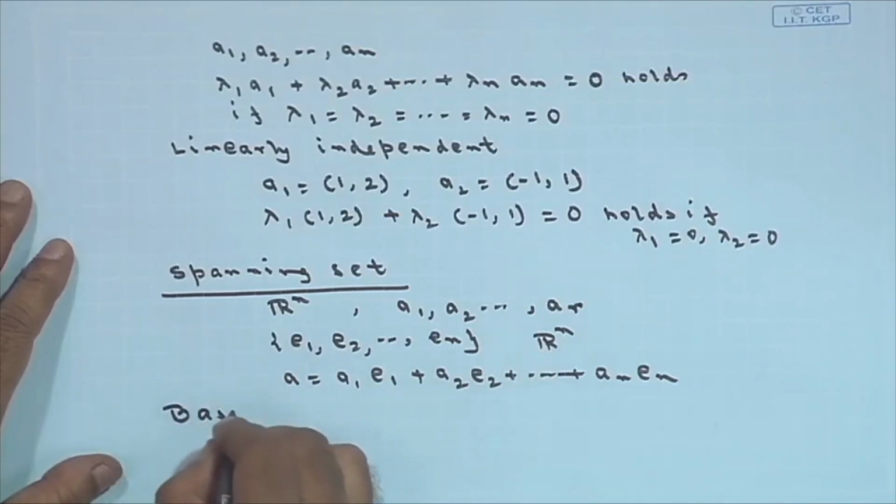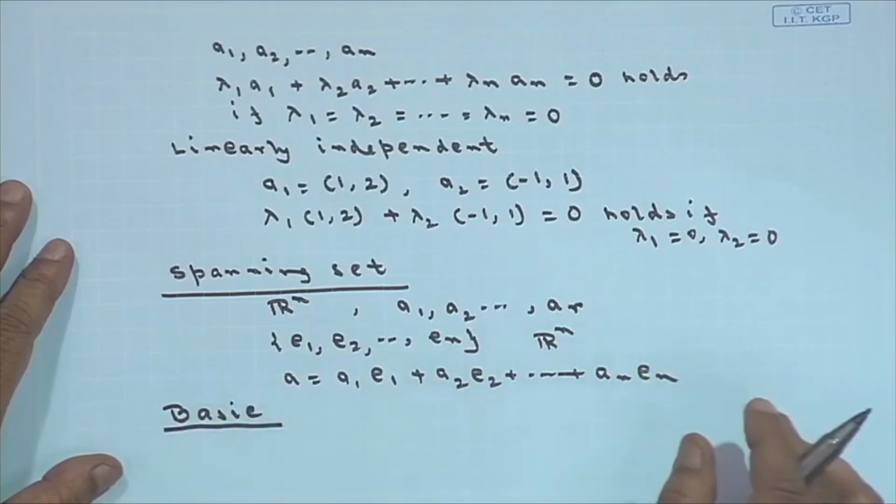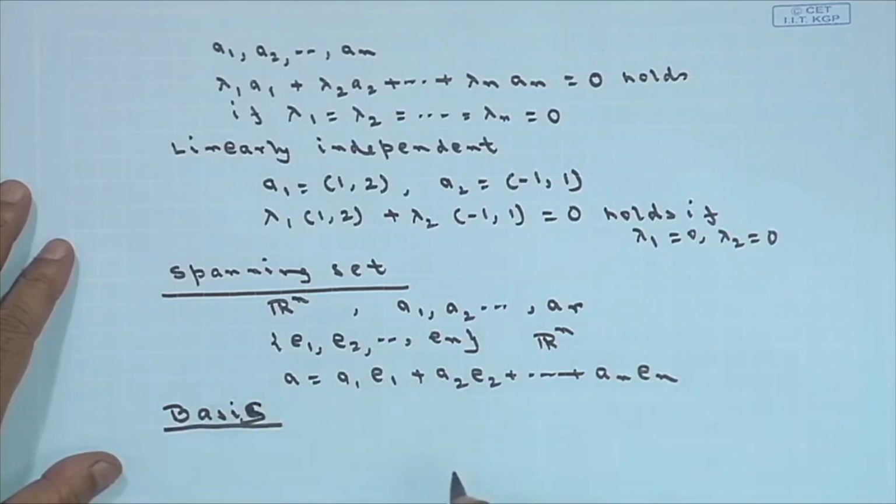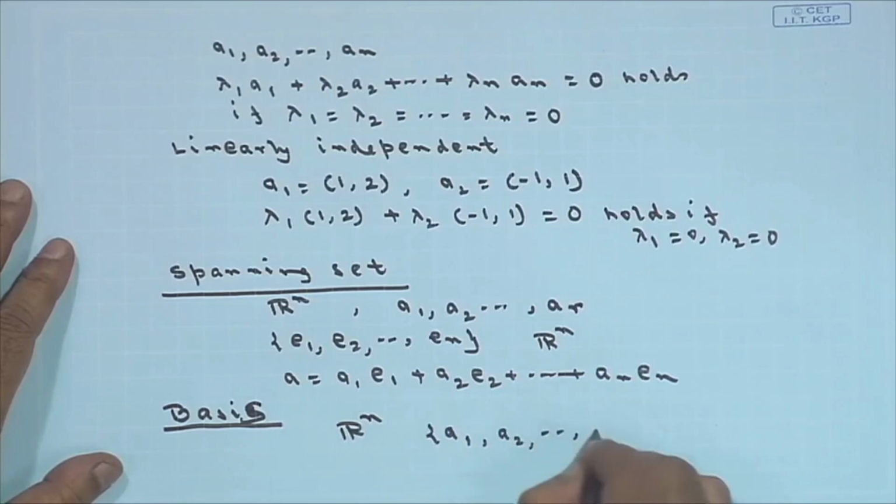Similarly, there is another concept which we call basis. A basis for Rn is a linearly independent subset of vectors which spans the entire space. Please note this: basis is nothing but a linearly independent set of n vectors A1, A2, ..., An which spans the entire vector space.